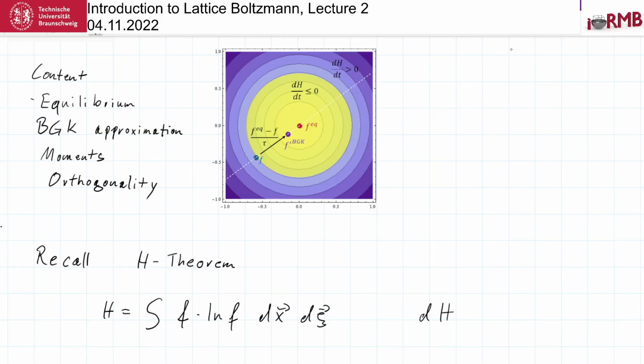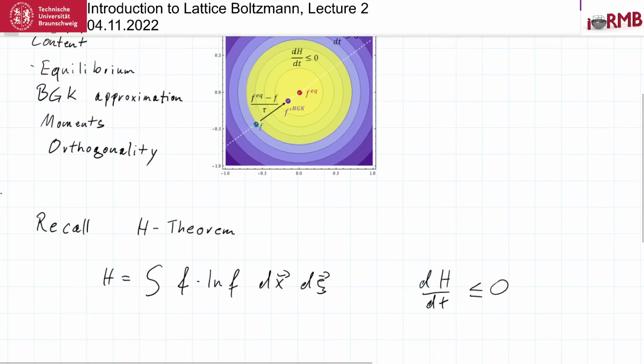Then dH by dt, so the time derivative of this, we have derived is smaller or equal to 0. And then there is, of course, this special case where this time derivative is equal to 0, so where the distribution function no longer changes, so the distribution function would stay the same.